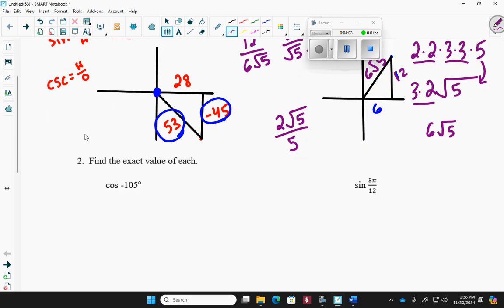All right, the next question. We're dealing with a negative 105. Let's convert that to an angle in the 0 to 360 range. It just makes life a lot easier. So I'm going to add 360 to it, and I end up with 255 degrees. Now, two numbers that multiply to get to 255. I'm just going to choose.